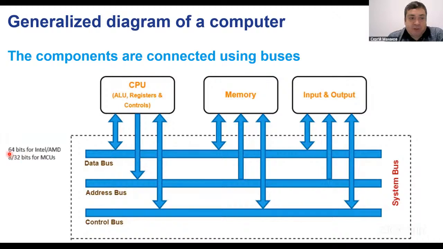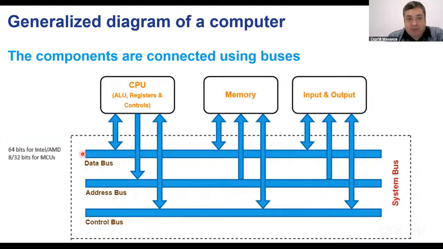What are these 64 bits? It is simply the width of our data bus, because the data bus of modern CPUs is 64 bits wide. What does it mean?